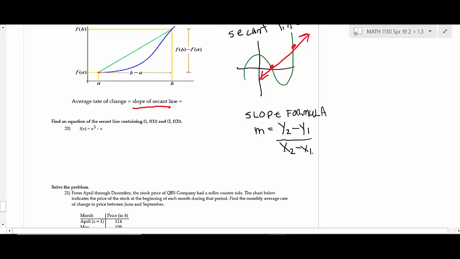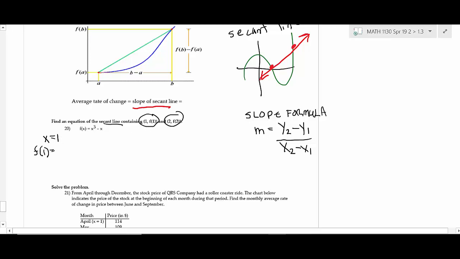With this one, I'm just going to do 2 examples, and if you can do the slope, you'll be good. So what we're doing on this is finding the equation of the secant line that goes through these 2 points. The first thing we want to do is we have x equals 1, because that's given in this point. So you want to go ahead and find f of 1.